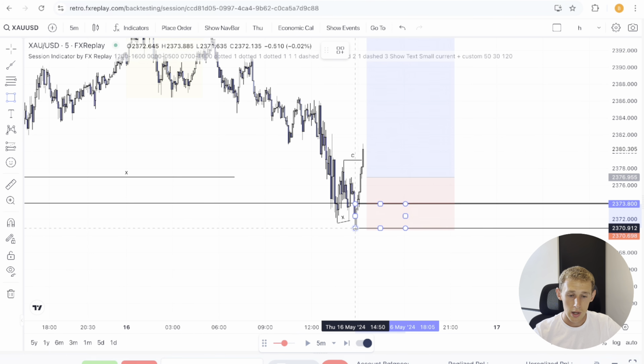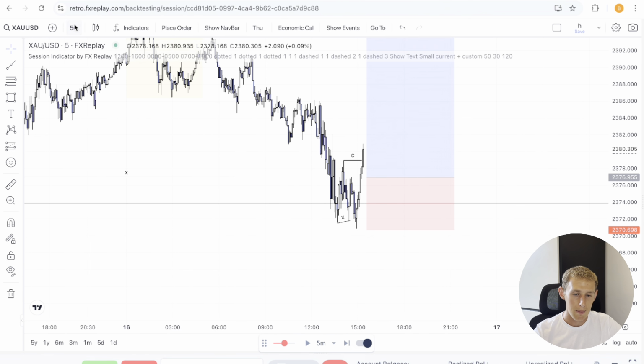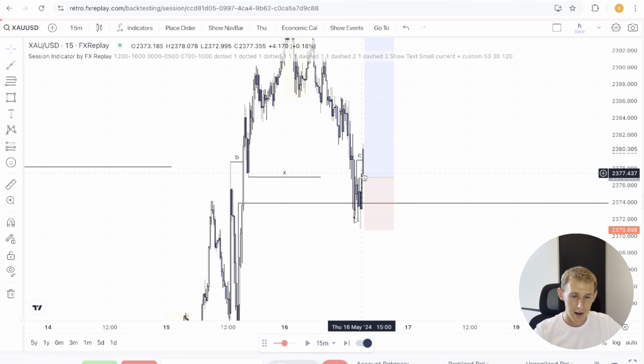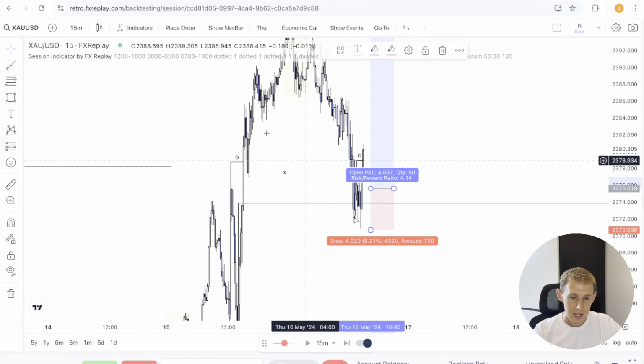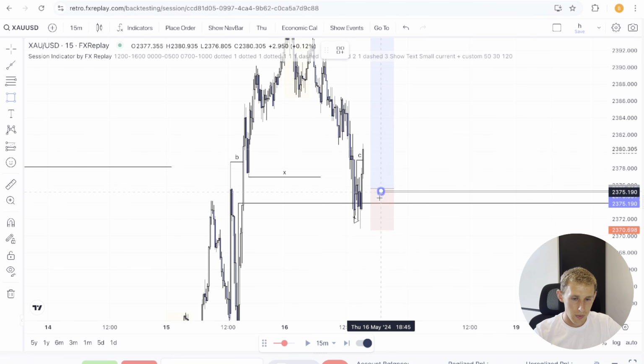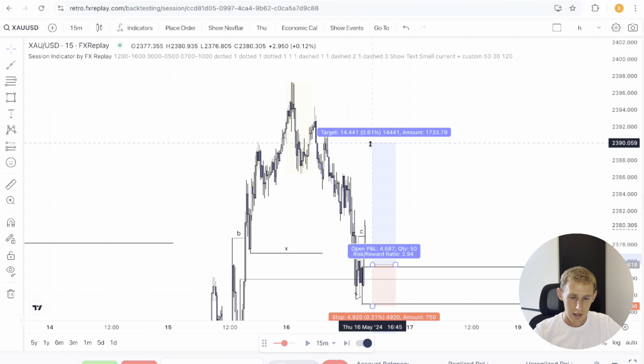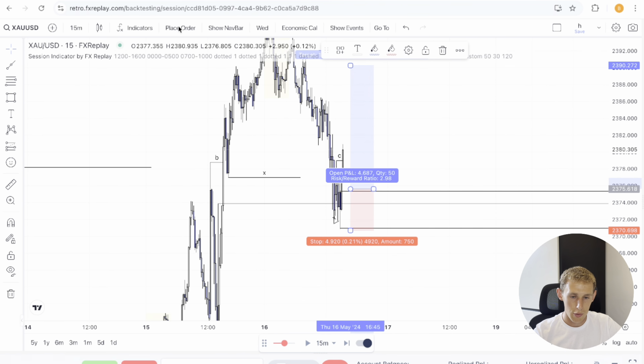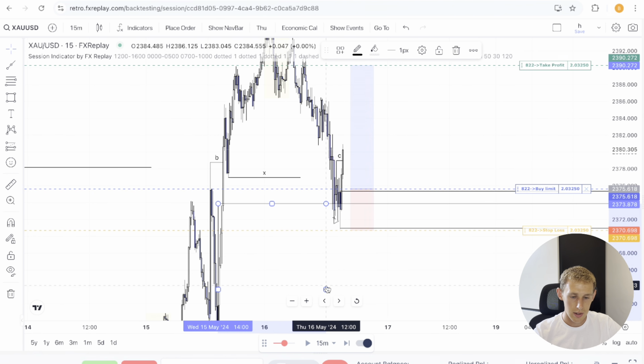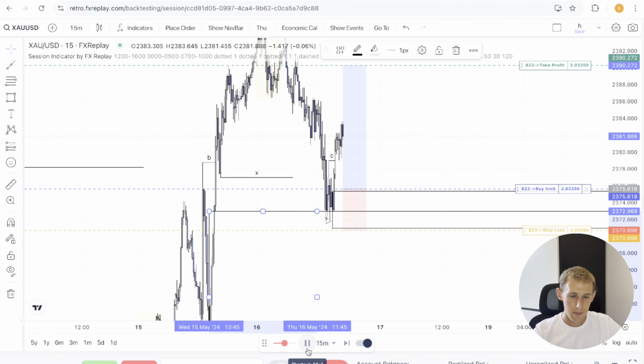For example, a lot of people would look to enter on this demand here. In my opinion, it's best just to get that more generic entry. In this case, you can see we do have this M15 demand, which swept lows to the left, so I'm going to enter on that instead. We'll go for a 1 to 3, and let's set this limit.